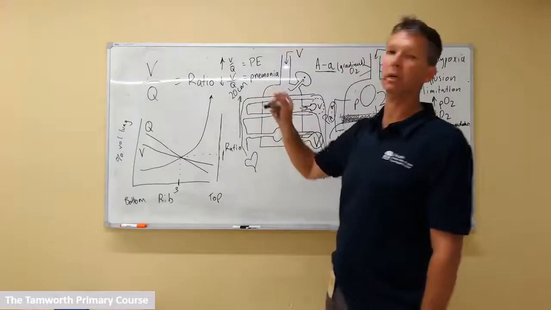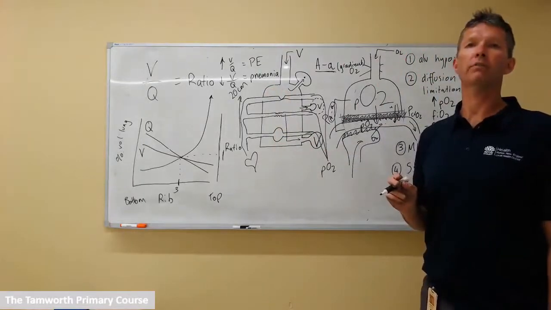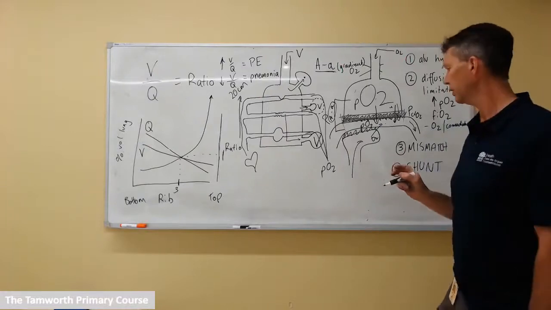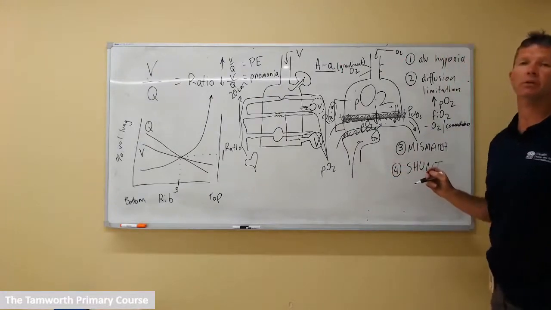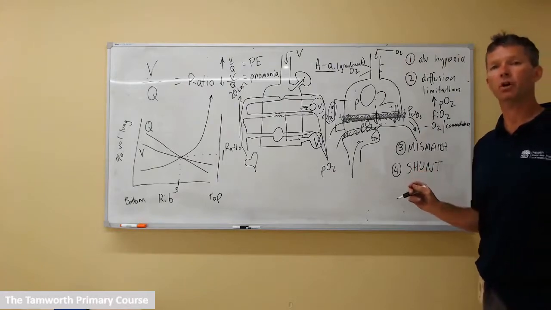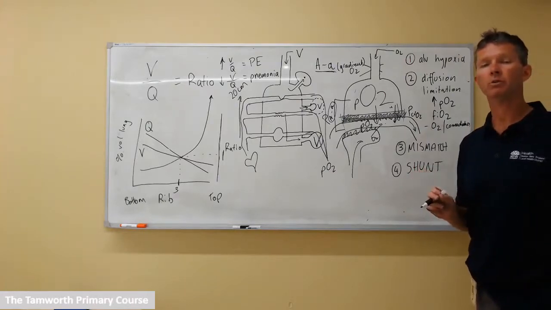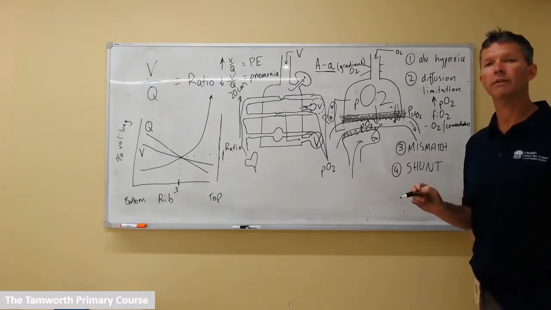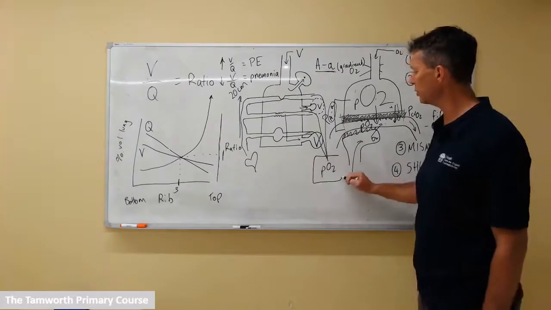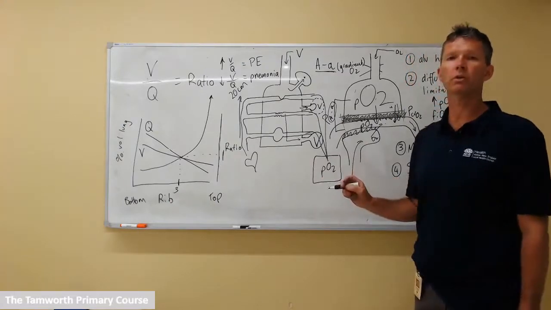We talk about PE as areas of no flow for ventilation. The extreme form of that is an intracardiac shunt. An intracardiac shunt shifts blood, deoxygenated blood, from the right side of the heart directly to the left, never gets opportunity to become oxygenated by going through the lung, and therefore when it mixes with blood that has gone through the lung, the average PO2 is low.